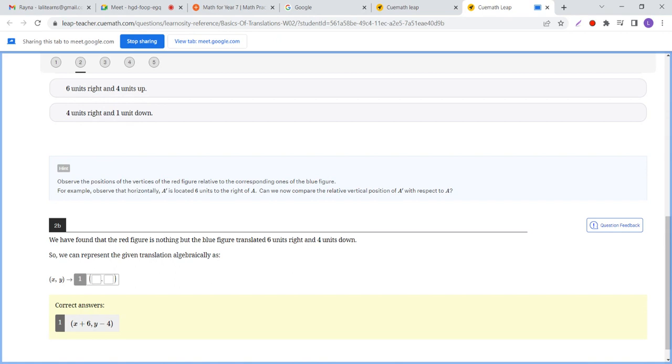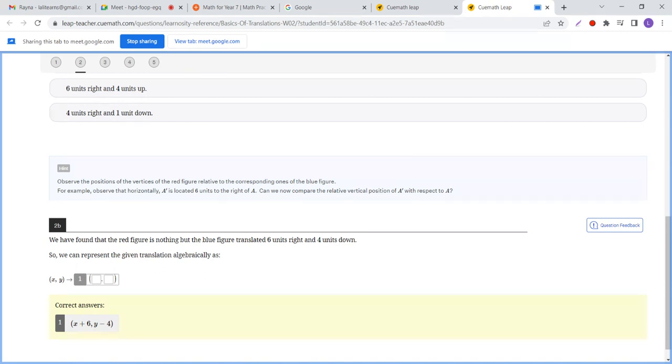Now here we found that the red figure is nothing but the translation. We also give the unit, 6 units right and 4 units down. That is that entire figure. If it does not change its shape or size, each point moves through the same number of units. So representing the given translation algebraically, that is how you represent how many units x moves, either right or left, and how many units y moves, either up or down.